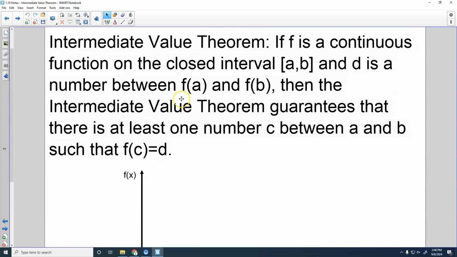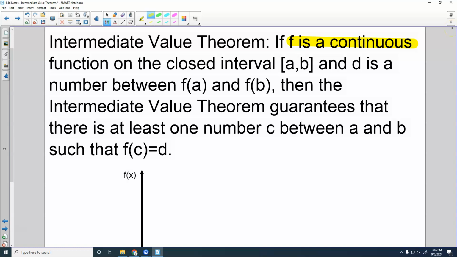So first of all, f must be a continuous function. You might want to underline or highlight that. If f is not a continuous function, the intermediate value theorem does not apply. There are some things that are not going to be continuous, that could very well jump around, and this does not apply at all for those.